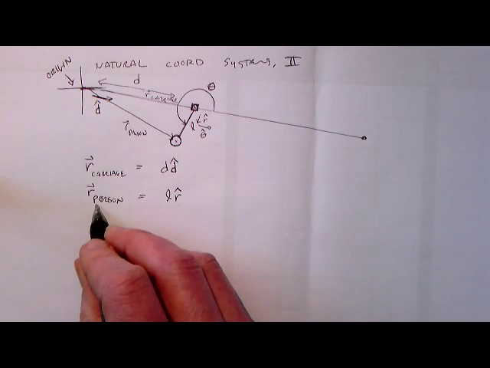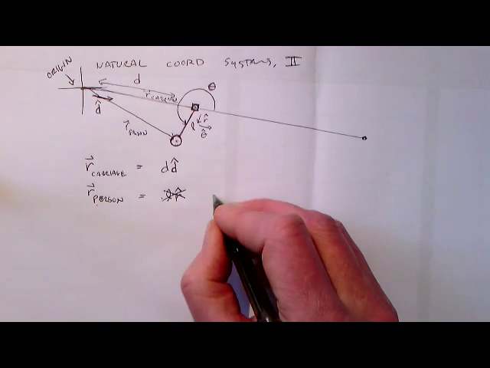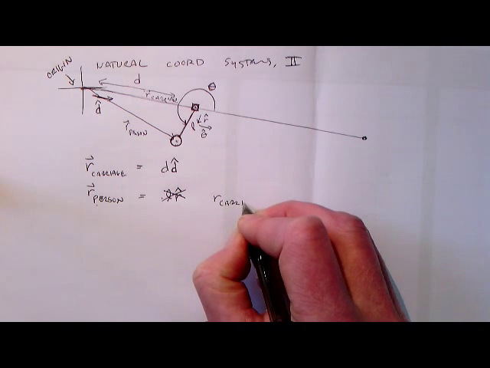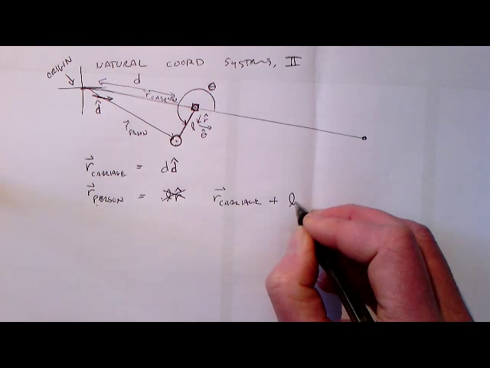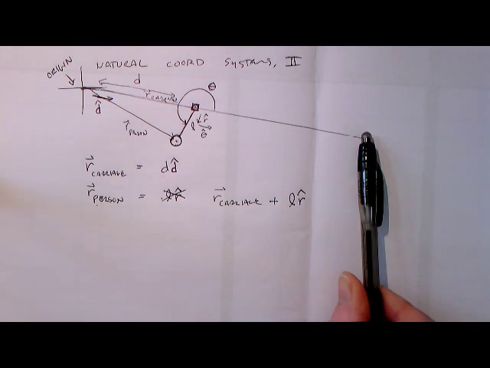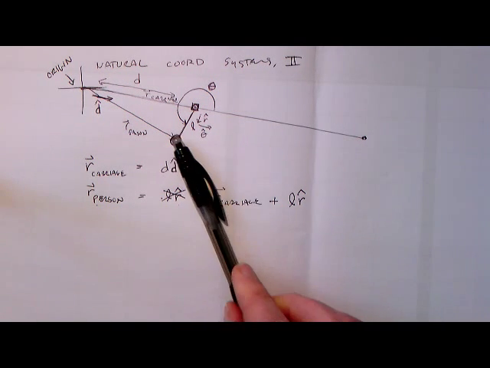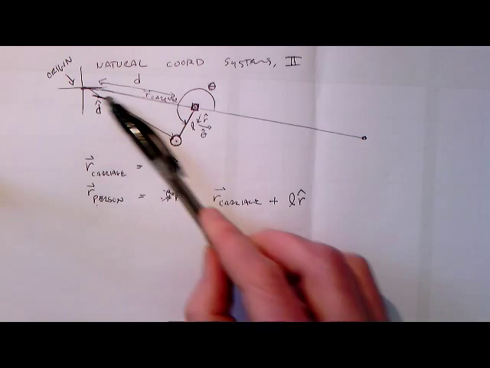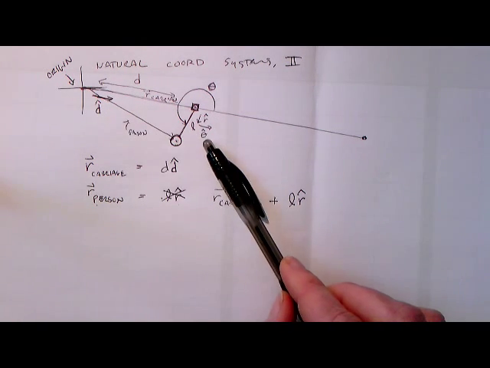So really the position of the person is our carriage plus L times r hat. At this point you have a really nice clean way of talking about the system's configuration. You have really three directions that you'll end up worrying about: r hat, d hat, and theta hat.